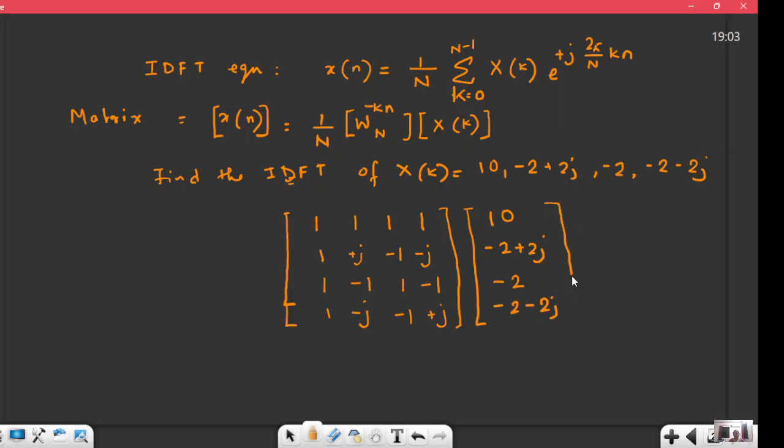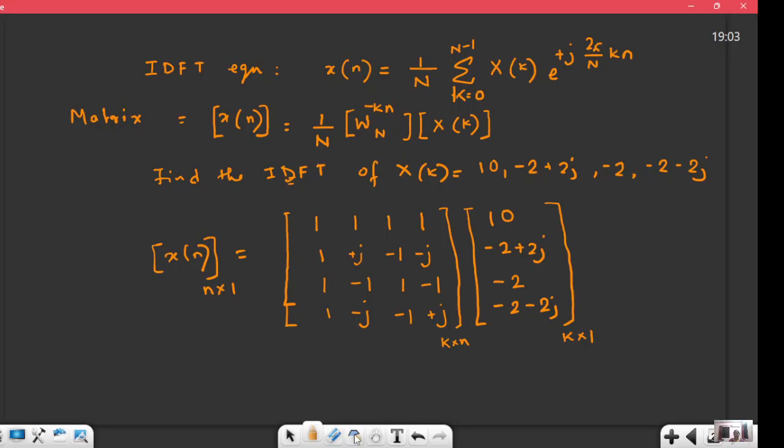Let us do the matrix multiplication. The shape of the matrix is N cross K, this is your K cross 1, and so the output will be N cross 1.